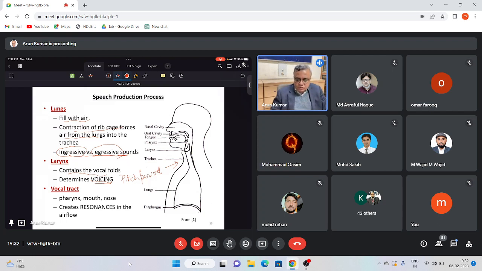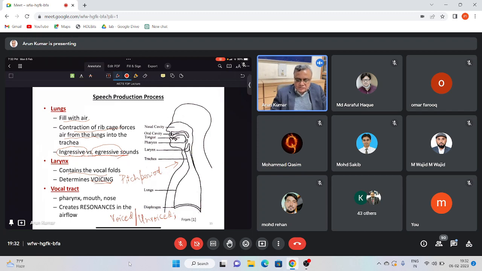So sounds where the vocal folds are vibrating are called voiced sounds, and sounds where the vocal folds are not vibrating are called unvoiced sounds. All vowel sounds, for example, are voiced sounds, whereas consonant sounds are voiced or unvoiced.